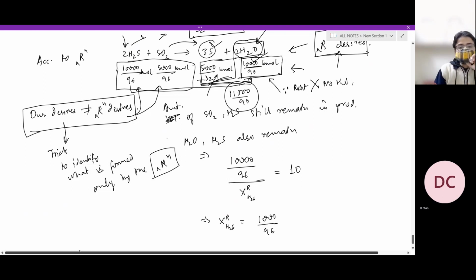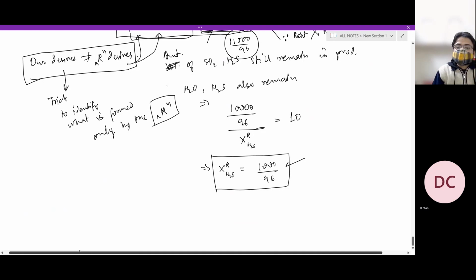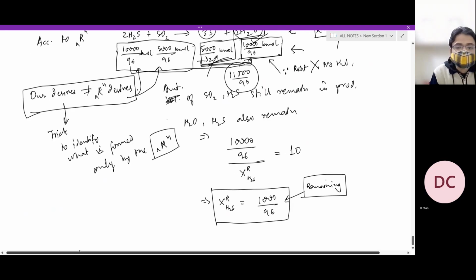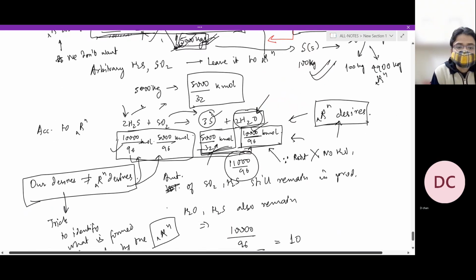You need to understand why this part is remaining. This must have been supplied in excess. That's why it is remaining. It was not required by the reaction, so it could not react, because the reaction will only proceed according to this part.